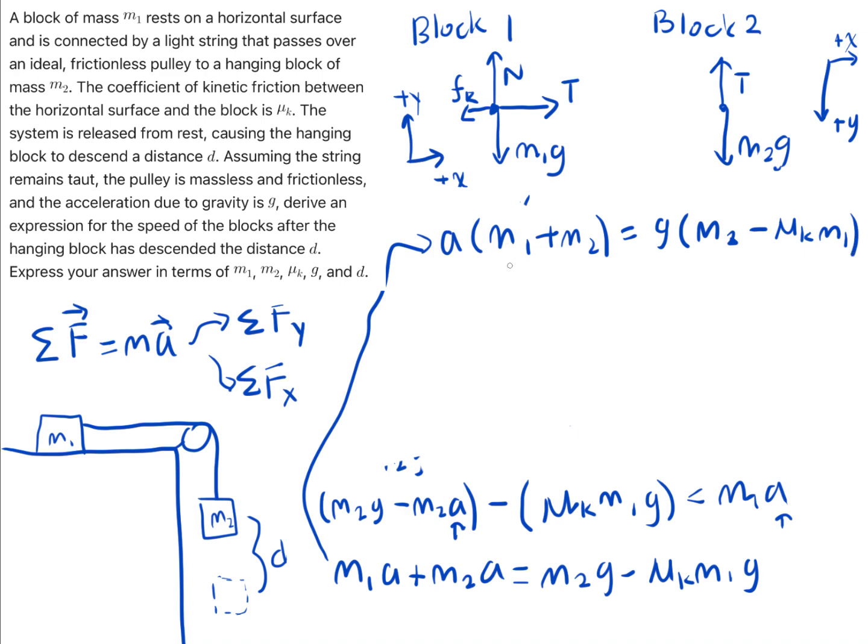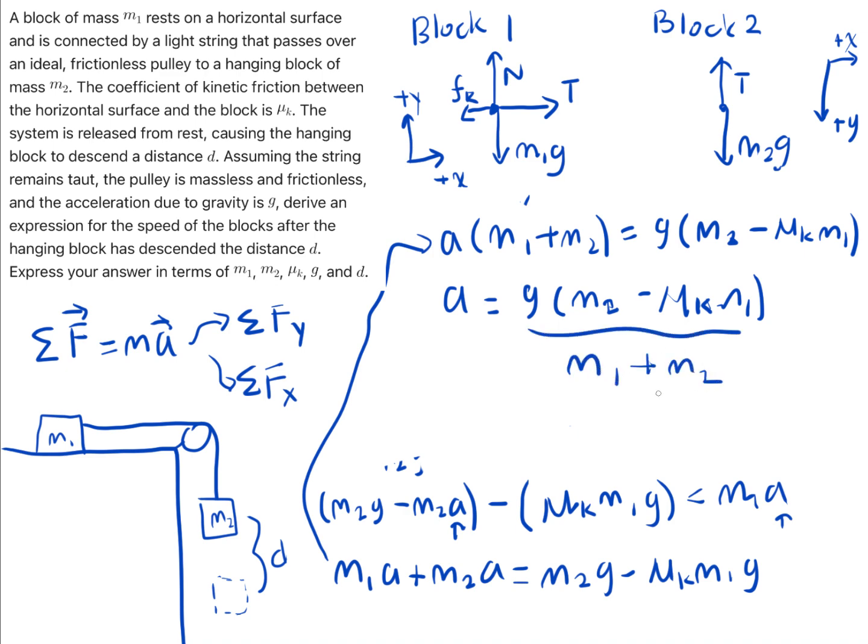And then we can just divide by m1 plus m2 on both sides to get that a equals g times m2 minus mu k m1, divided by m1 plus m2.